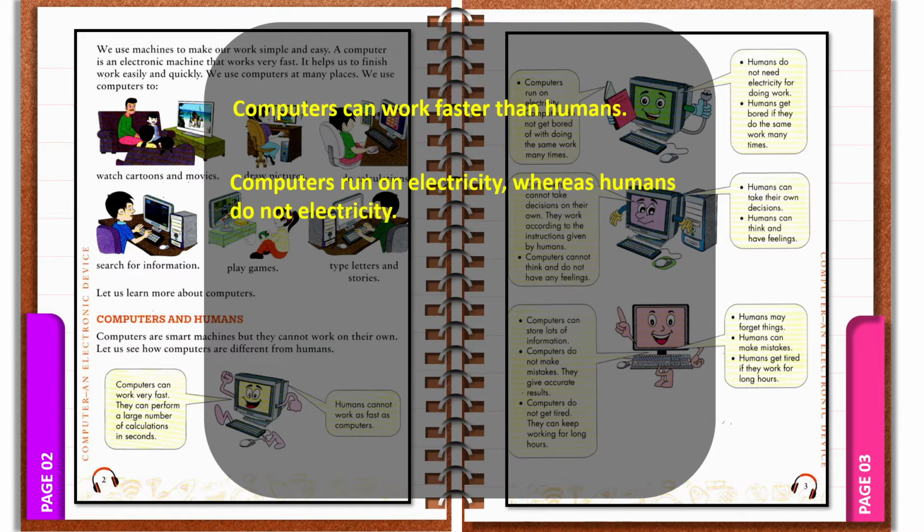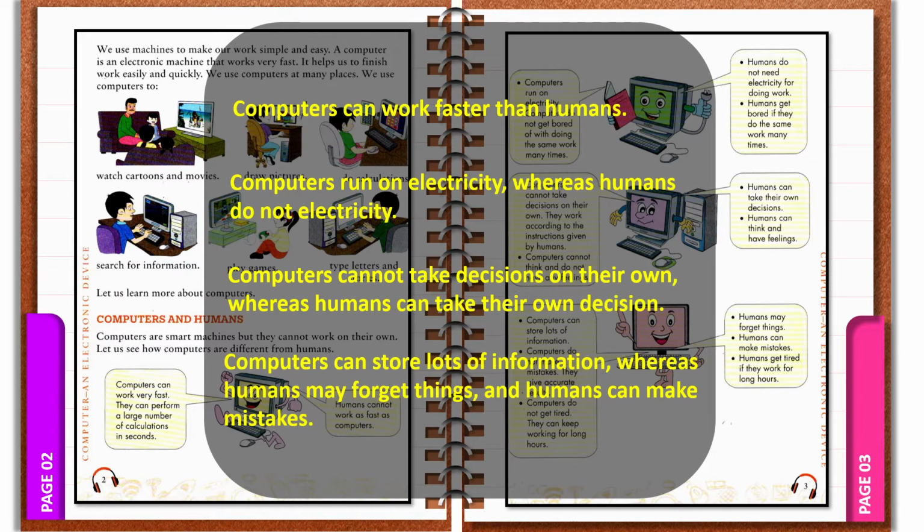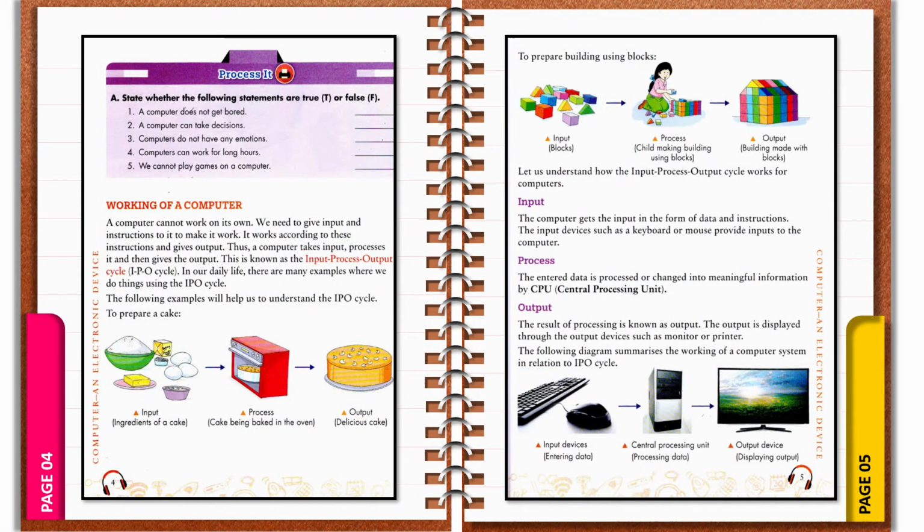Computers run on electricity, whereas humans do not need electricity. Computers cannot take decisions on their own, whereas humans can take their own decision. Computers can store lots of information, whereas humans may forget things and humans can make mistakes. These were discussed in our previous class.